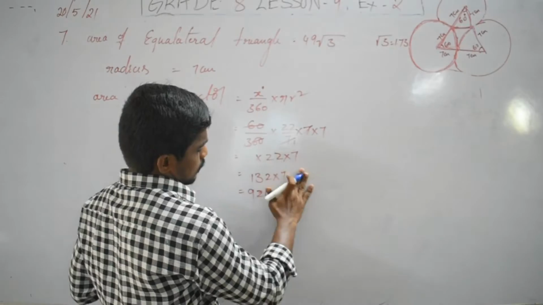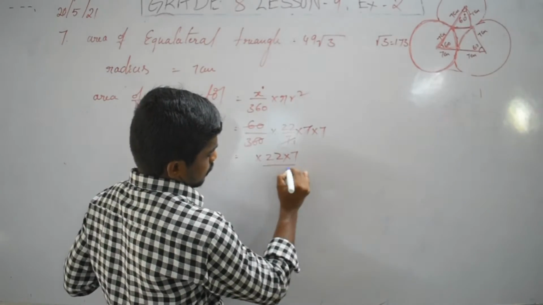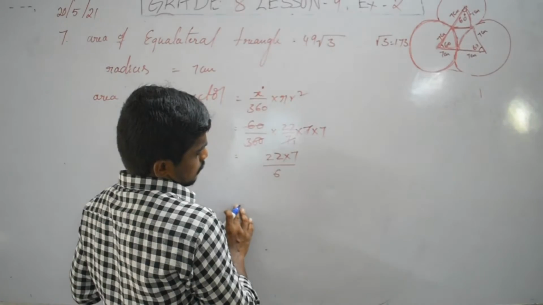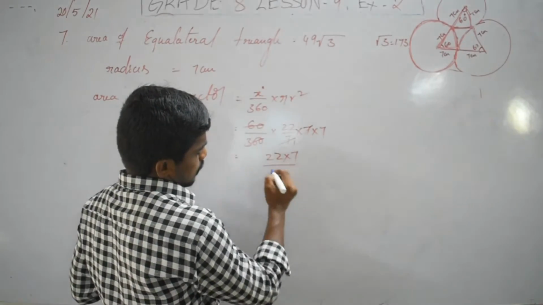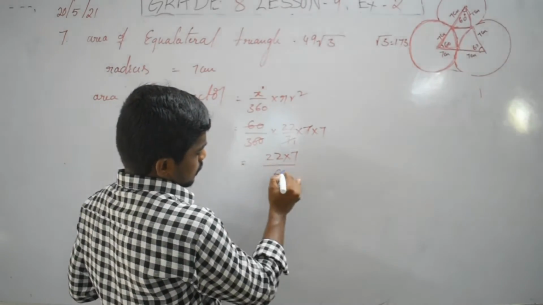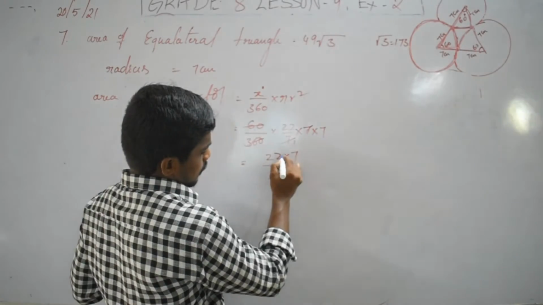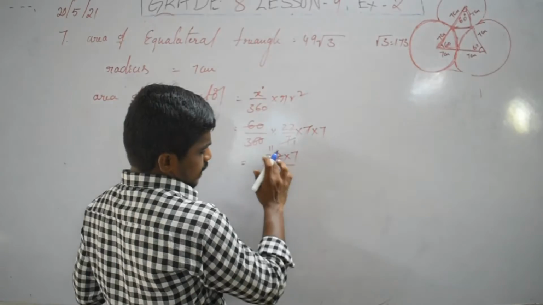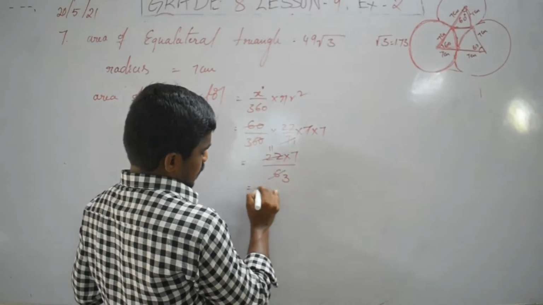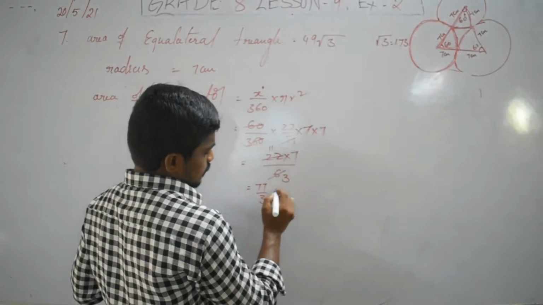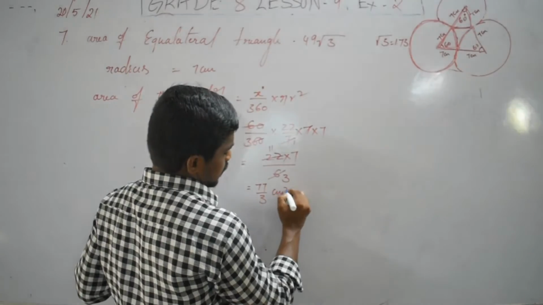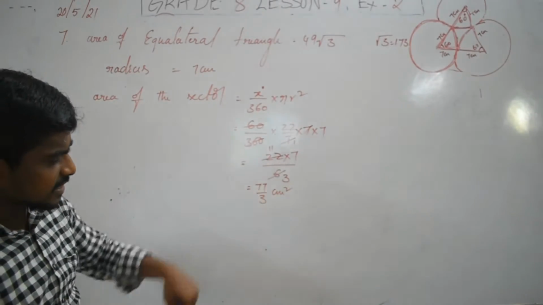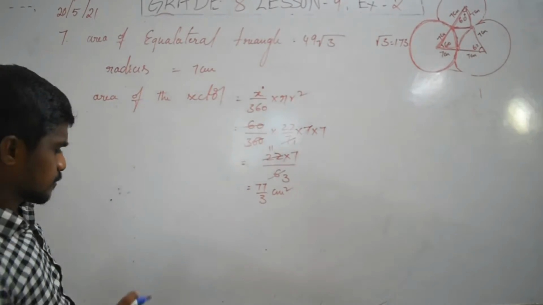Yes, sorry. Now 6 11, 2 11s are 22, 2 3s are 6, 77 by 3 centimeters square. One sector area is 77 by 3 centimeters square.